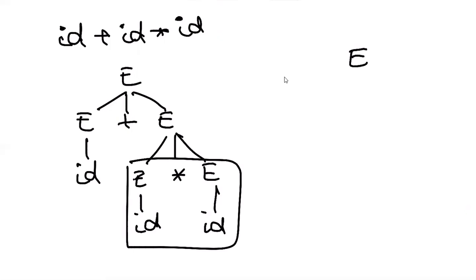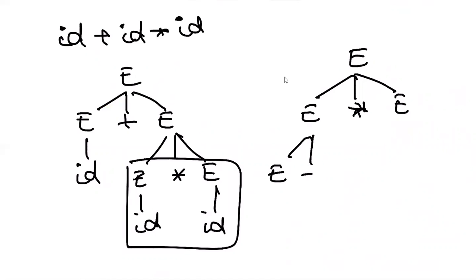But if I write it like this, E is E into E. There's nothing stopping me from using this production. Okay, so then I expand this E plus E. Okay, then I expand this ID, and then I expand this.